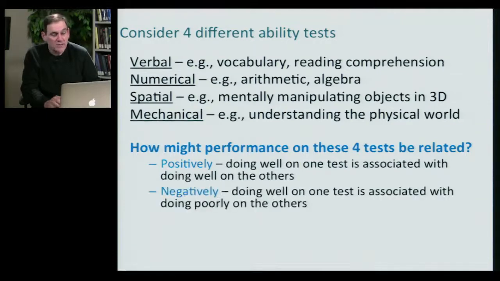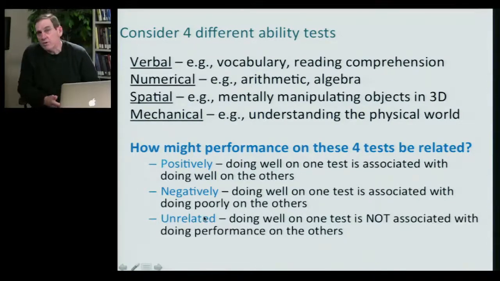Alternatively, we could easily conjure a scenario where they're negatively associated. For example, verbal ability might be negatively associated with numerical ability. If I'm spending all my time studying math, maybe my vocabulary suffers. And so high math scores go with low vocabulary scores, a negative association. And we could also conjure where the 4 abilities are unrelated.